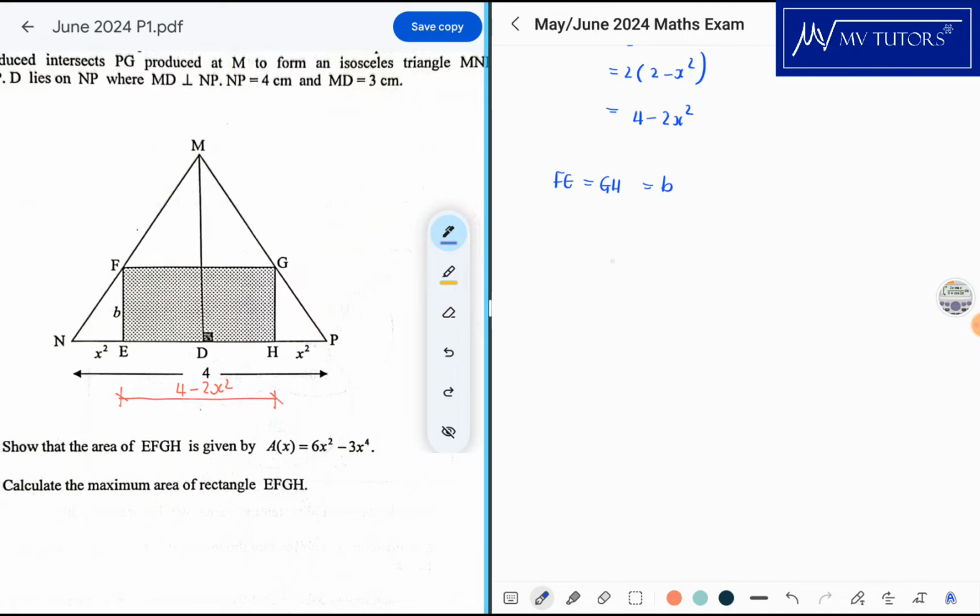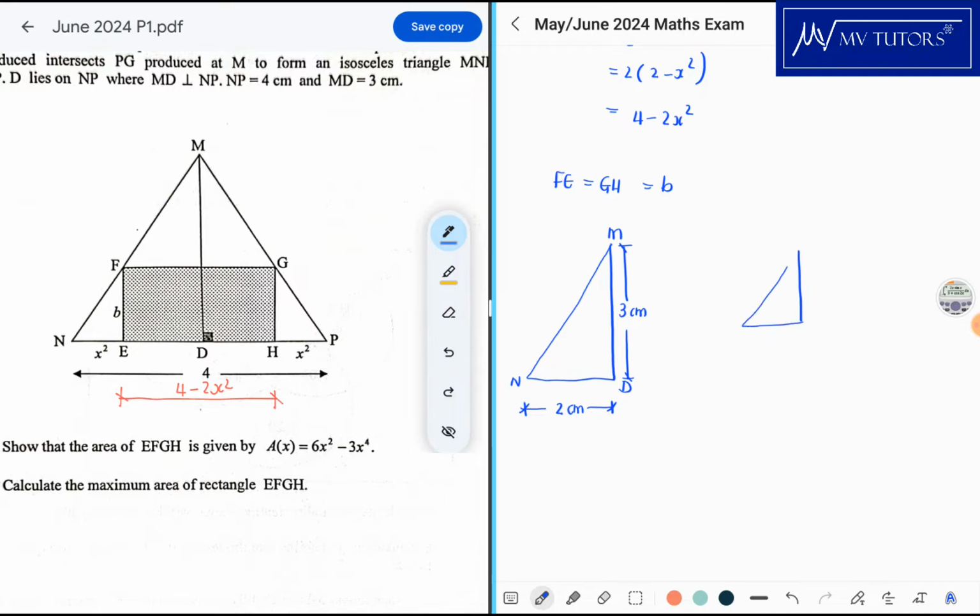If I look at this big triangle M, N, and D, I know that ND is 2 centimeters and MD is 3, they told me. Now how can I get B? B is here: I have F, E, N, and I know that EN is x squared.